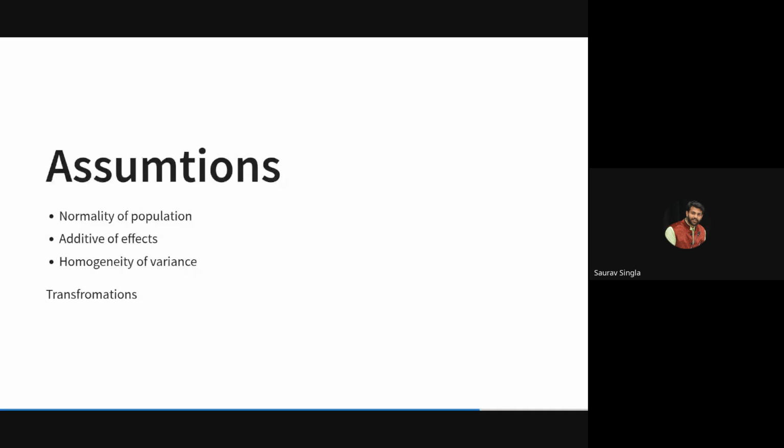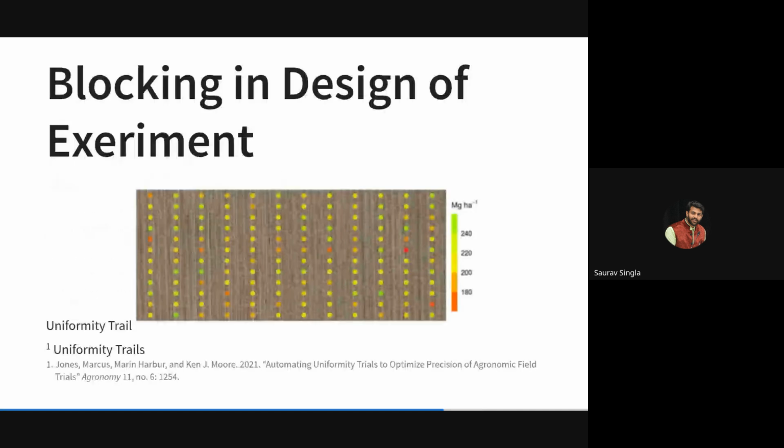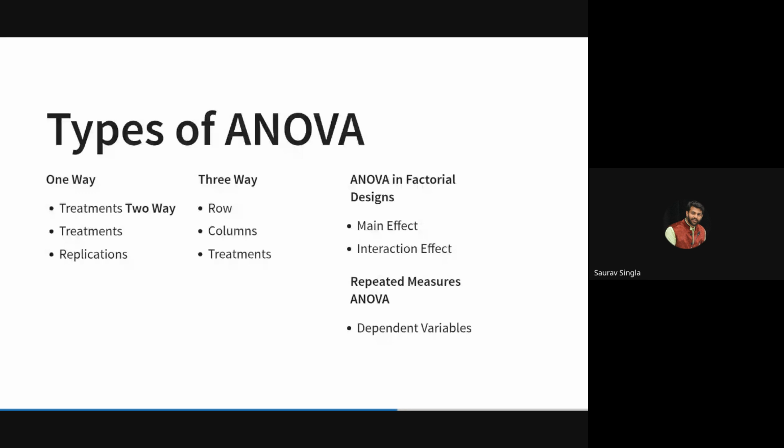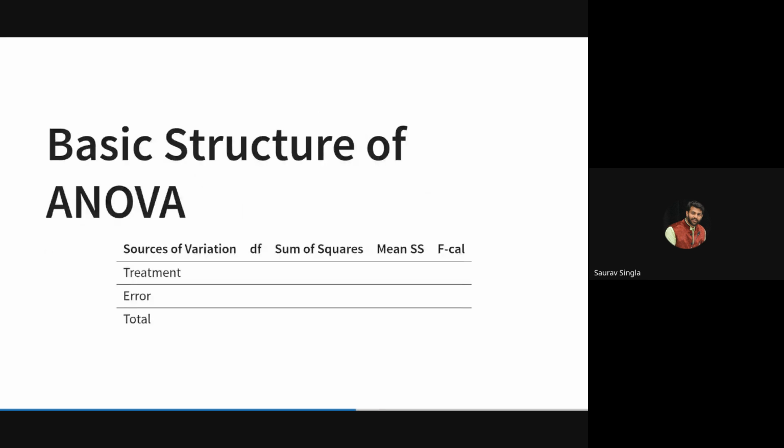Okay. Now we will proceed to the second assumption, that is additivity of the effects. Additivity of the effects, you want to say that when you are considering the sources of variation, there is treatment and error, then you are telling total.